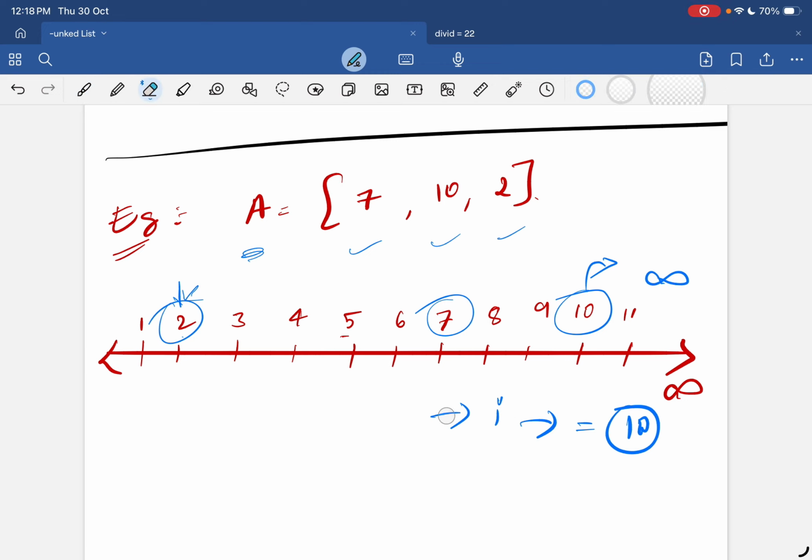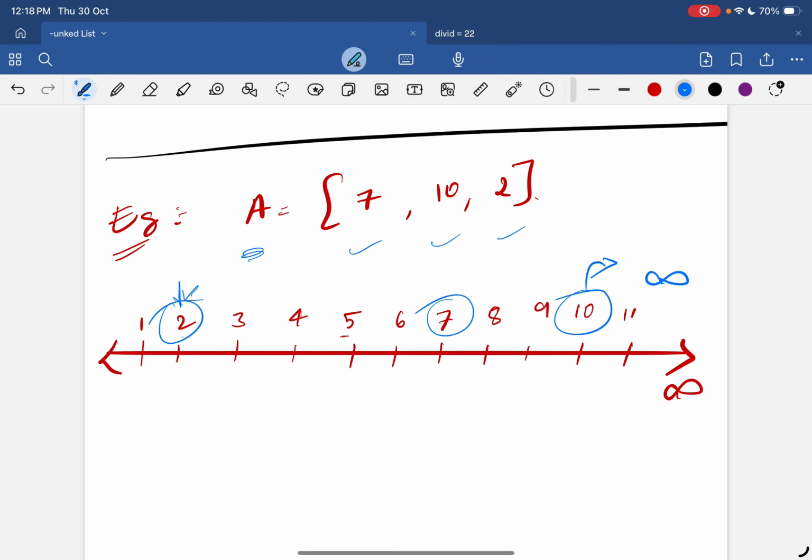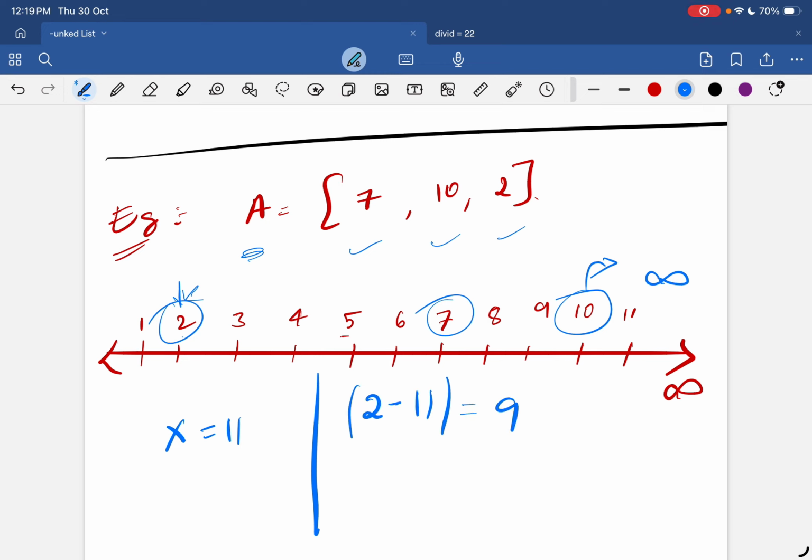Let's take an example and prove this. Let's try x as 11. Doing the absolute differences, 2 minus 11 results in 9, 7 minus 11 is 4, and 10 minus 11 gives us 1.